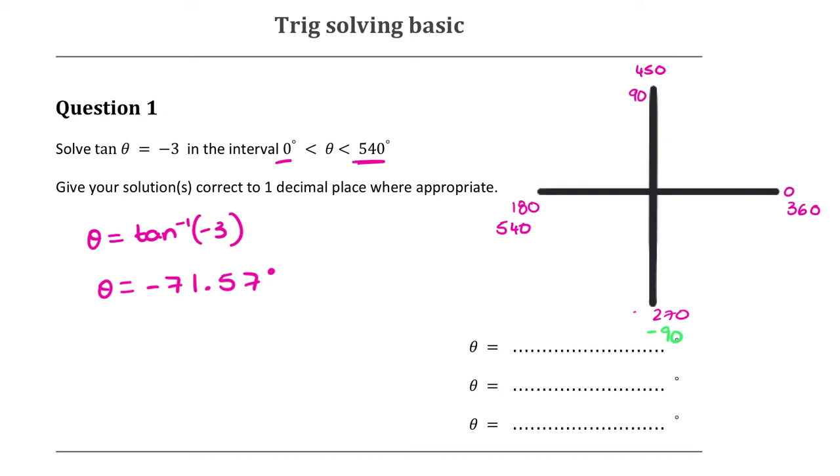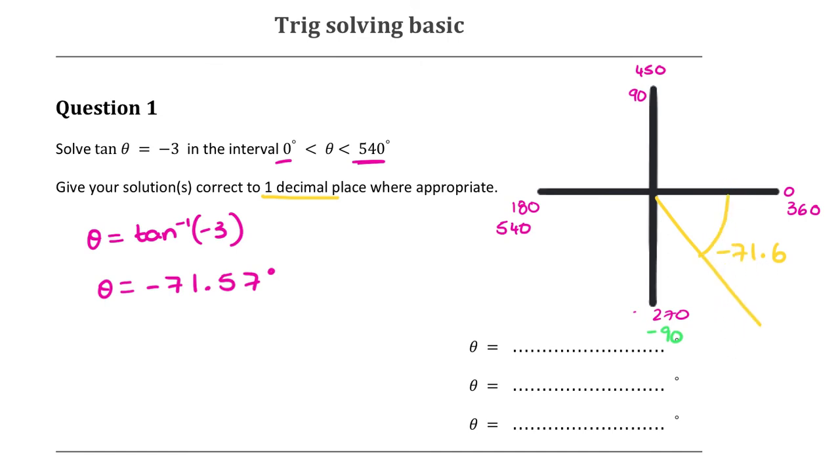Okay. Remember, because we measure from 0, if we go this way, it's positive. So minus 71.57 is roughly about here. Would you say this is minus 71? Yeah, somewhere there. It doesn't have to be exact. So if I go this way, this is about minus 71.6.